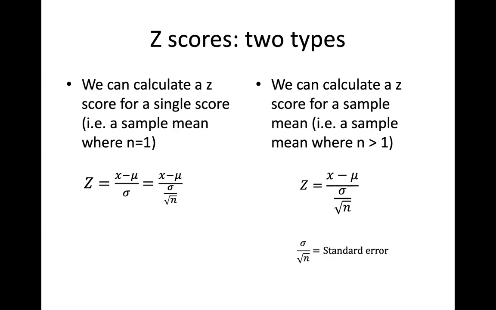We would take a given x value minus the mean, but when we're taking a distribution of sample means with sample size 5, to calculate the z-score we would take the original population standard deviation and divide it by the square root of n. That gives us a new z-score. You have to do this for homework 3, so this is important stuff.